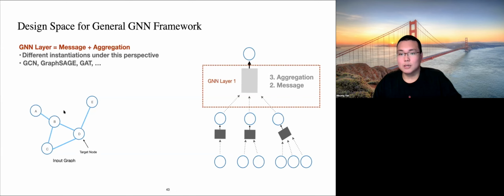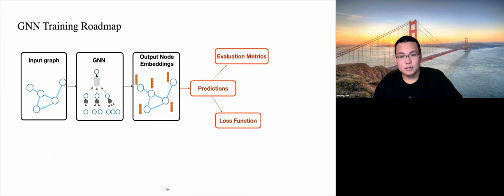So we have talked about the message and aggregation in the GNN layer. We talked about different instantiations under this perspective, the GCN, the GAT, or GraphSAGE, something like that. You can construct your own model based on your own choices. Now we have the GNN and the output embeddings, and we come to the predictions.